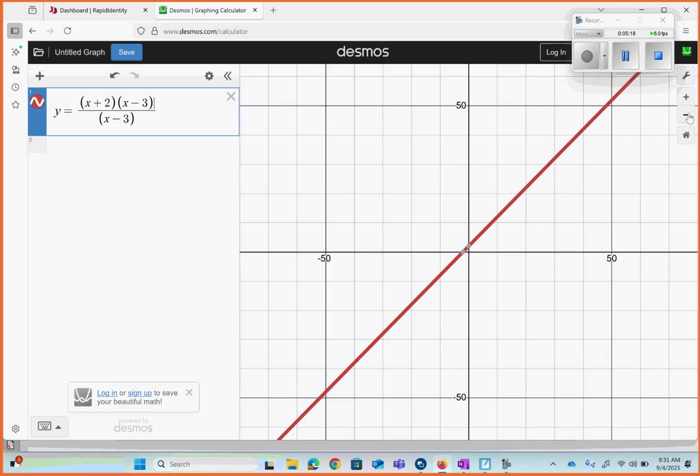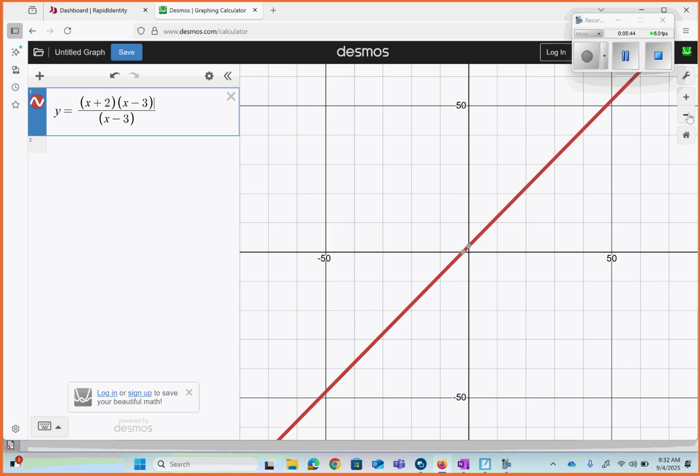So in the world of algebra, I have the same binomial on top and bottom. Right now, if I plug 3 in the bottom, it gives me a 0 on bottom, and if I plug 3 up on top, I get 3 plus 2, which is 5, times 3 minus 3, which is 0. I get 0 divided by 0, and 0 divided by 0 is undefined.